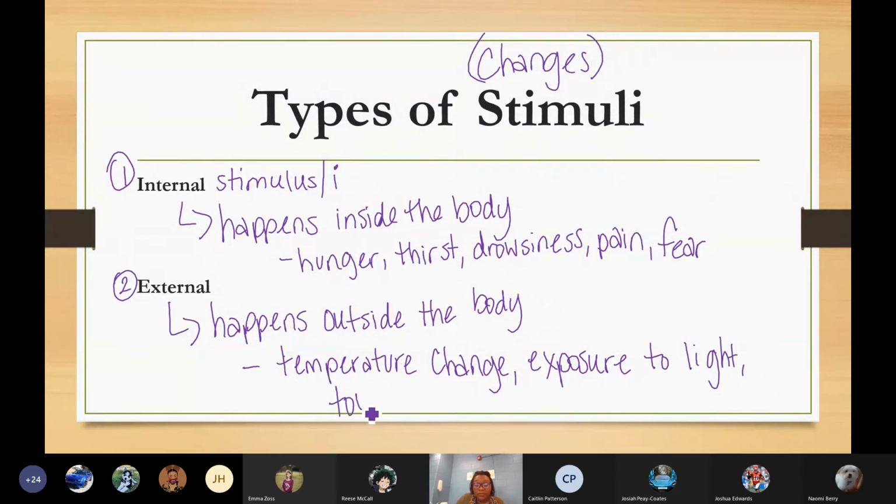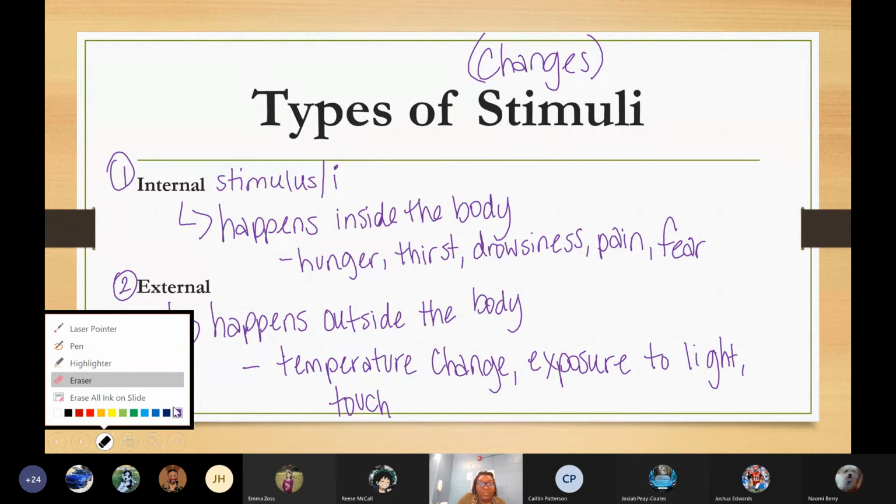Touch. Well, I don't want to say heat because touch makes it redundant. So these are some examples of external outside changes that would cause a living thing or organism to respond.